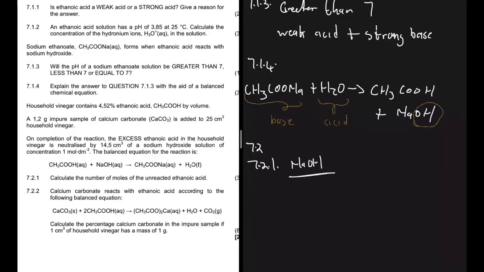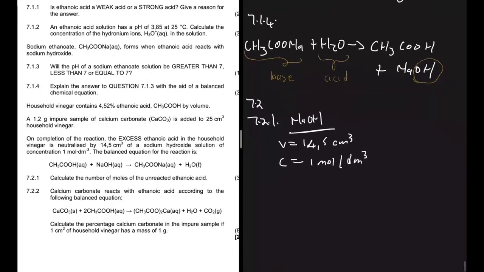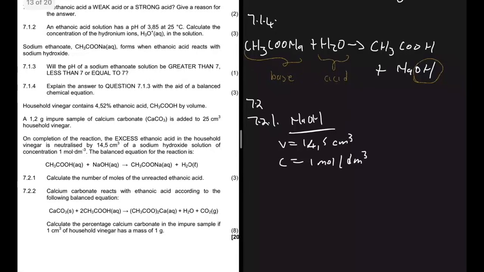But then we are told that the volume that does the neutralization is 14.5 centimeter cube, and then the concentration was 1 mole per decimeter cube, right? So what we can do, we can find the number of moles of NaOH related to the number of moles of ethanoic acid, and we're basically done, right?